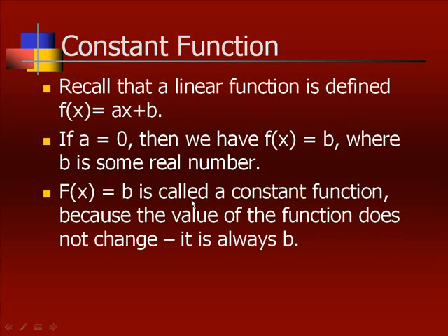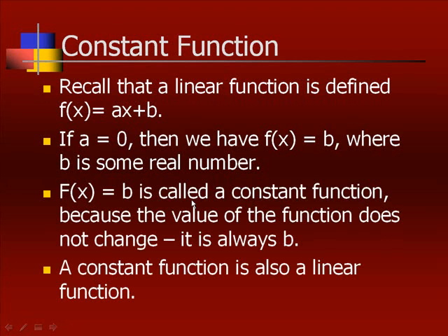It is always b. A constant function is also called a linear function because it does make a straight line, but every linear function is not a constant function.